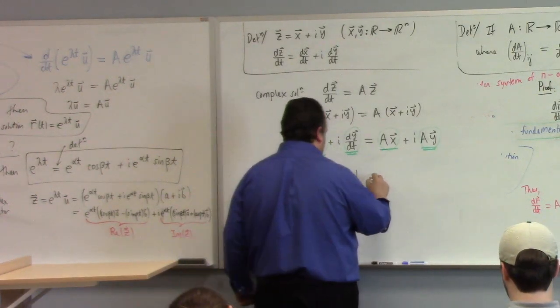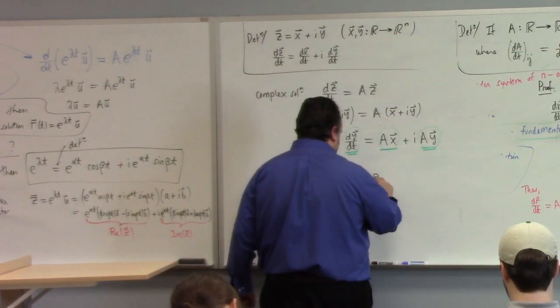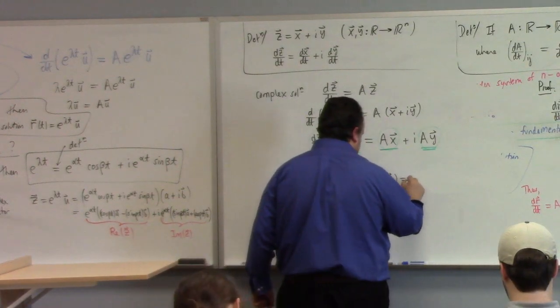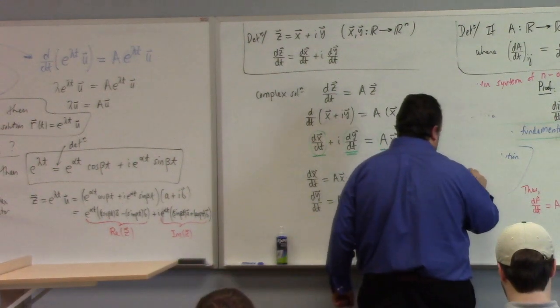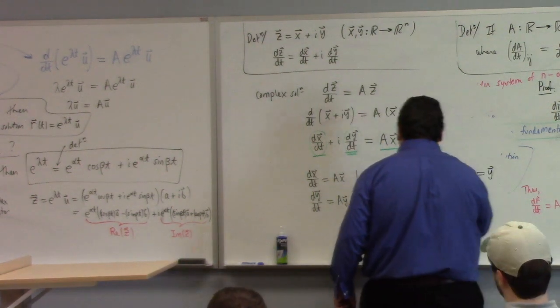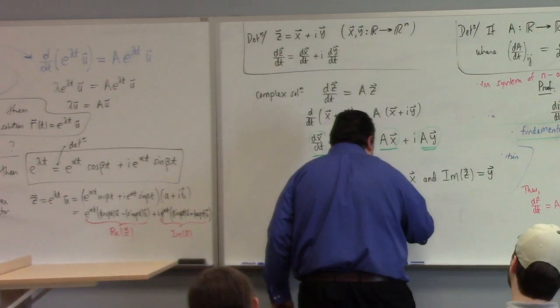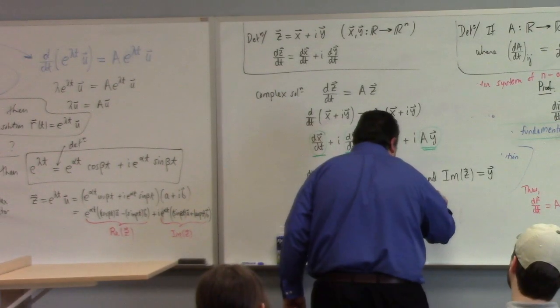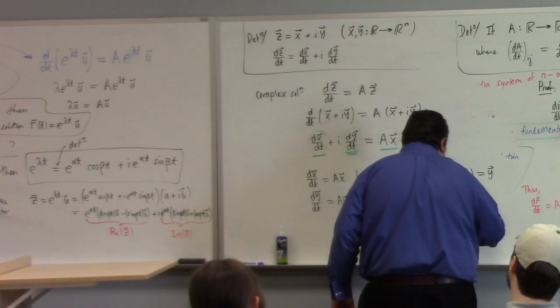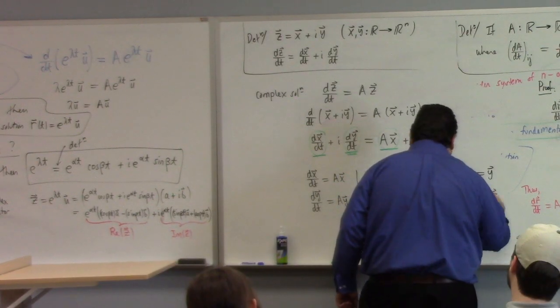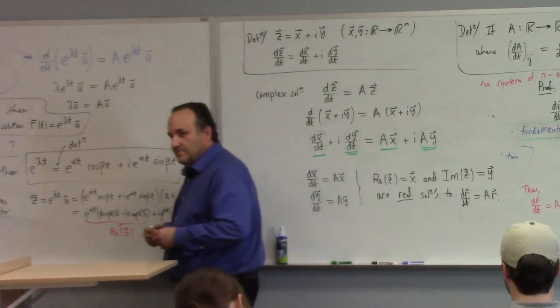Aha! So the real part of z, which is x, by the way, and the imaginary part of z, which, by the way, is y, are real solutions to dr dt equals A r. That's the theorem that this proves.